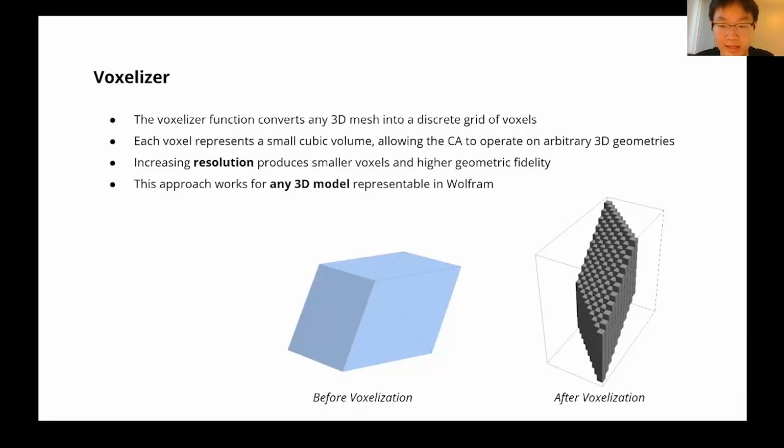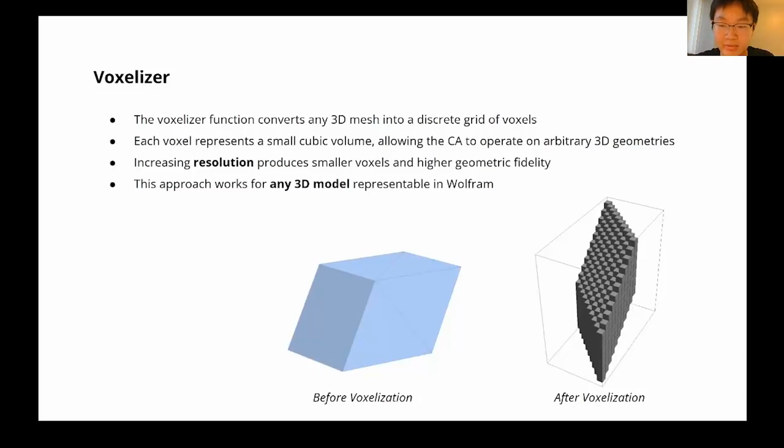That's why we had our voxeler function here, which discretizes any 3D mesh in Wolfram language into a grid of small cubes, and each cube later on becomes a cellular automata cell. Here we had a parameter called resolution, where the higher resolution means smaller voxels, which gives us a finer geometric fidelity.